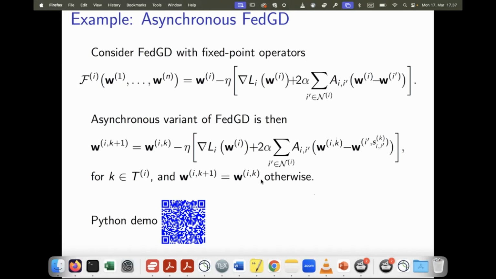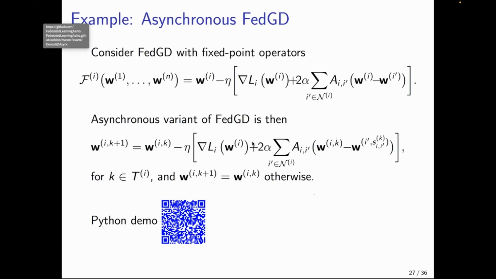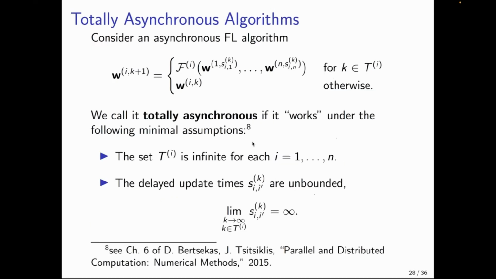It's not something you must do. It means absence of synchronization requirements. So it's way easier, much nicer to implement an asynchronous algorithm than a synchronous algorithm. But then, of course, it's nice that you have an asynchronous algorithm.